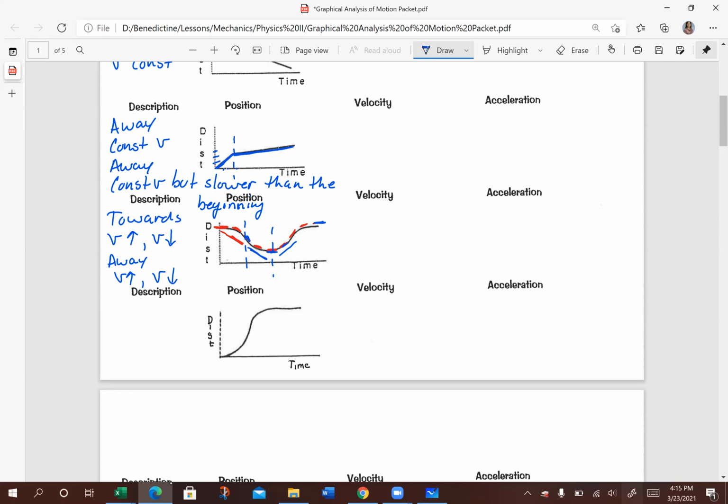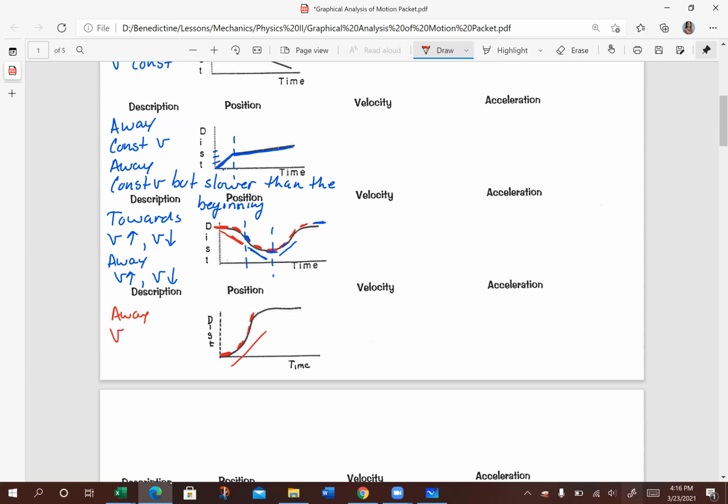All right, I'm going to pause, or you can pause the video and try this last one. Put in your little lines. So we're going from a horizontal to something, right? But I'm going in this direction, so I'm moving away, and my slope is increasing, right?